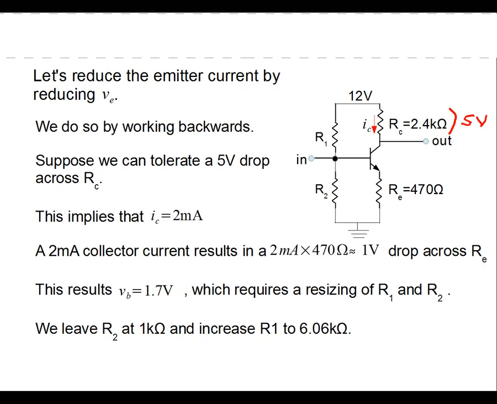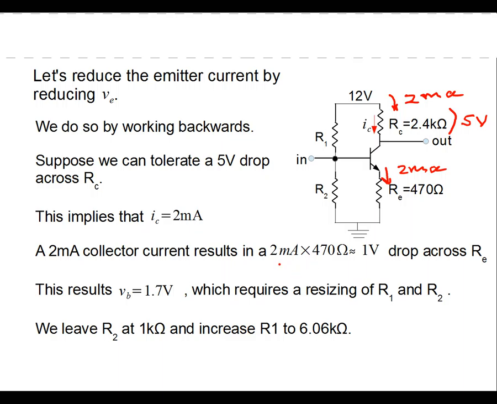If we want 5 volts to drop across this 2.3 k ohm resistor, how much current do we need? We need about 2 milliamps, so we want about 2 milliamps to go through that resistor. Now, within that factor of beta over beta plus 1, we have about 2 milliamps going through the emitter resistor.